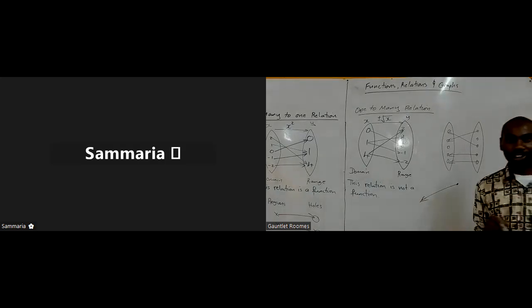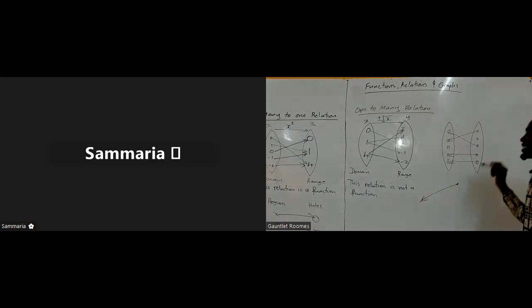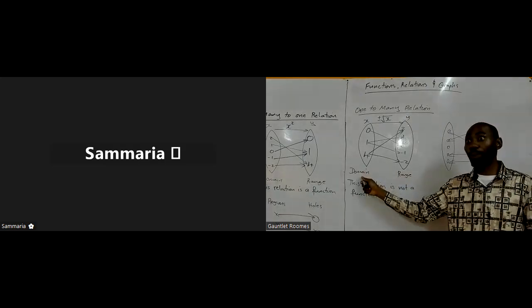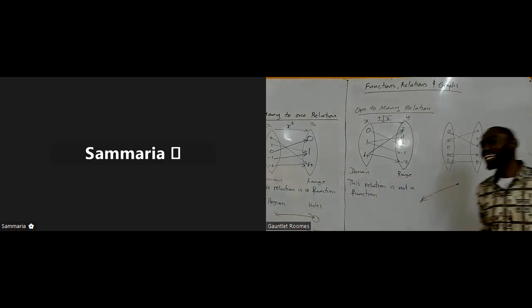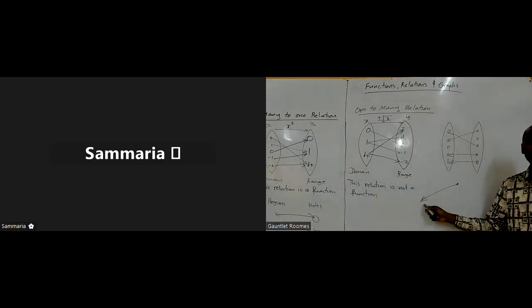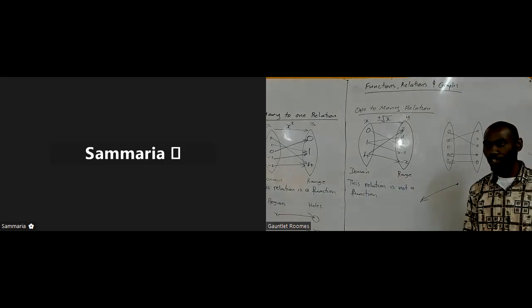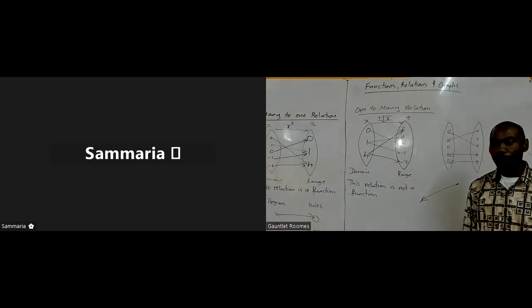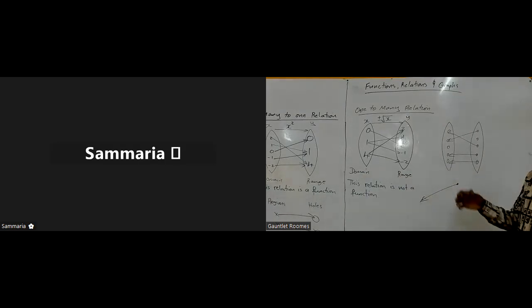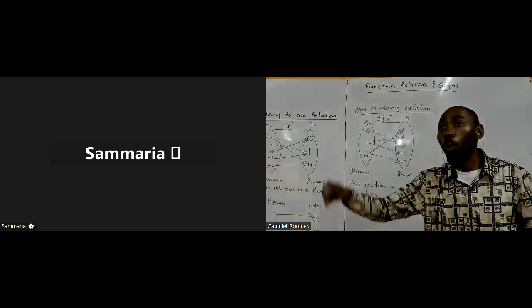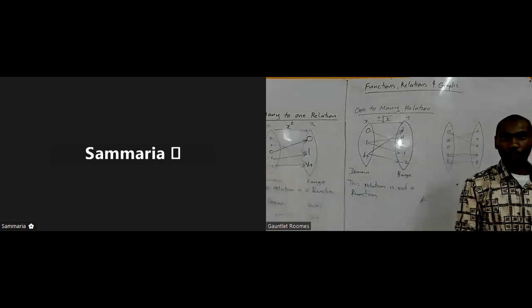So in other words, the tail of the arrow always represents the domain, and the head of the arrow always represents the range. Why, sir? Because it is always X that maps onto Y and not the other way around.